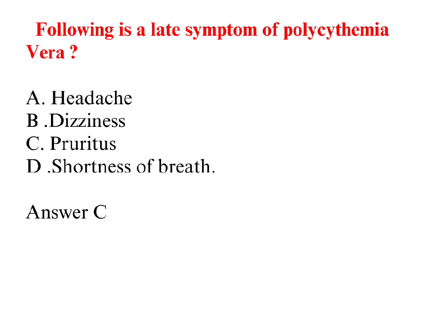Most commonly shortness of breathing, headache and dizziness we will see early, but the late symptom is pruritus. Pruritus means itching. In polycythemia vera, a blood cancer, the excess red blood cells are mostly deposited in the bone marrow.